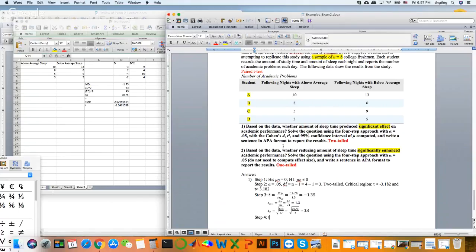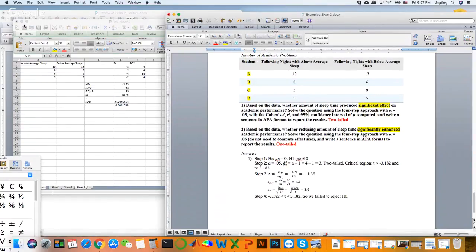Because t is not in the critical region, so we fail to reject H0. That's it.